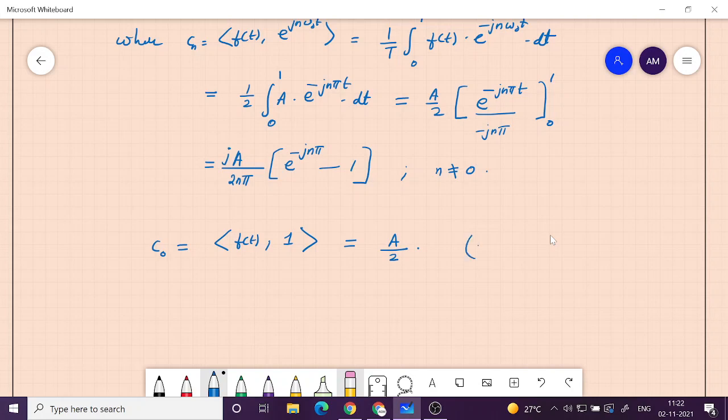So this is for n equal to 0 case, and n not equal to 0 case, it is j a by 2n pi into 2 if n is odd, like 1, 3, 5, etc., or plus or minus. Here they can be plus or minus.